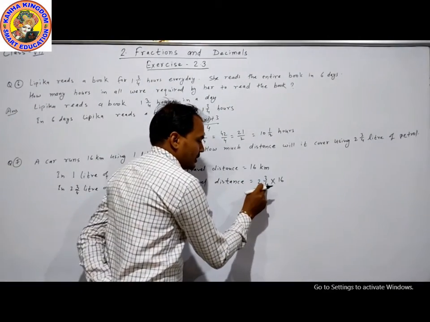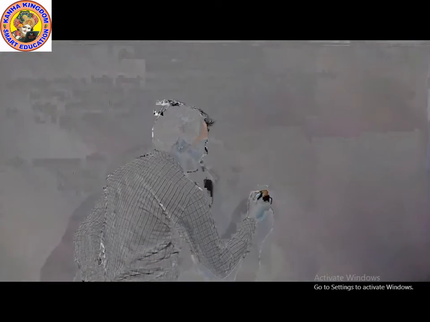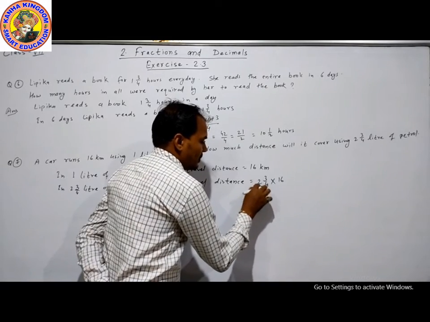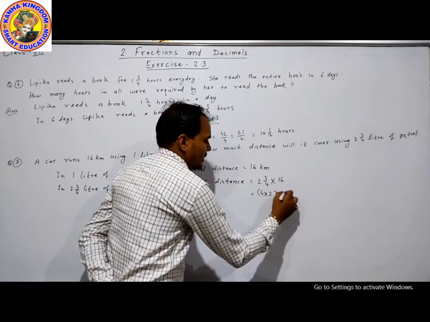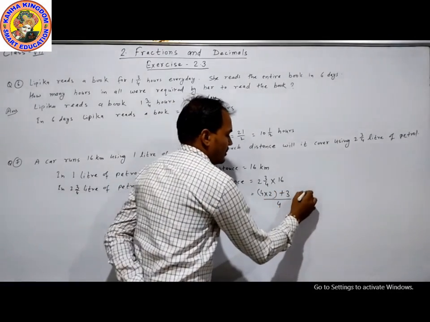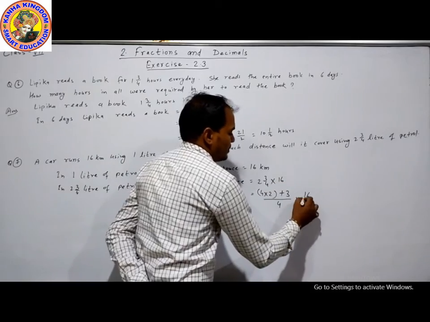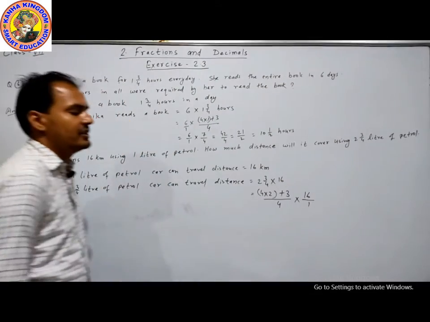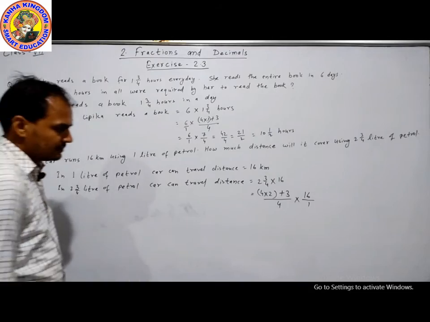This is a mixed fraction number, we can convert it into a fraction number. 4 into 2, then plus 3, divided by 4, into 16, which is an integer number, we can divide by 1 to change it into a fraction number.